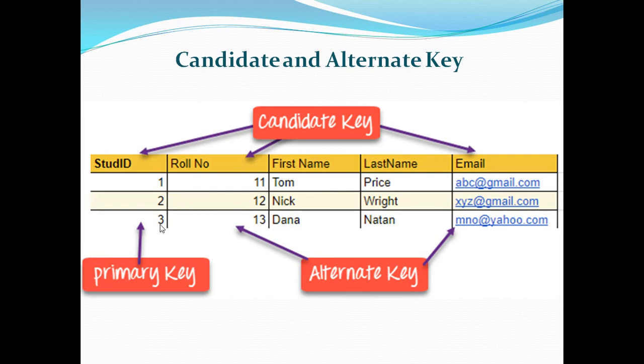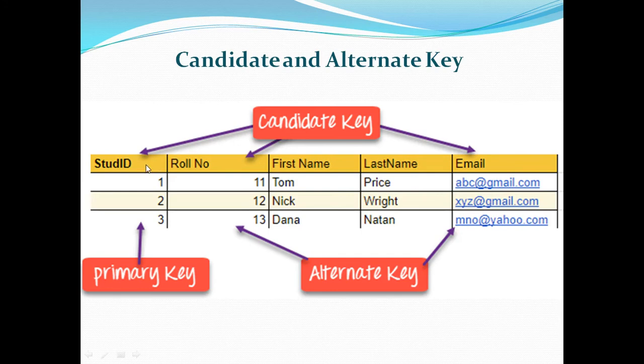Similarly, for roll number 11, 12, 13, roll number can never be same, but the first name can be same, the last name of the student can be same, and email also is a unique column. Fine. So every single email here will be unique. So we have three fields here: student ID, roll number, and email, which can become a primary key.